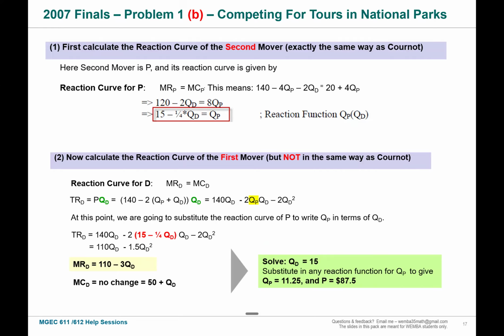Solve for it, you get QD as 15. Then go back to the reaction curve for firm P, and you get 11.25. A quick check: if firm D went as a first mover, the quantity produced by firm D should be higher than the second firm, which is what we get, 15 and 11.25.